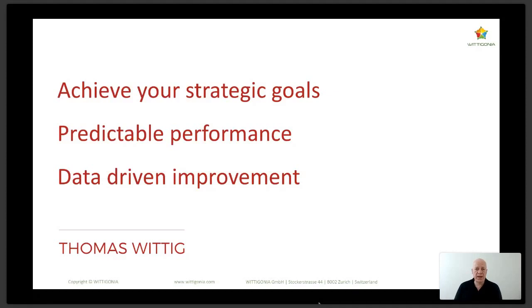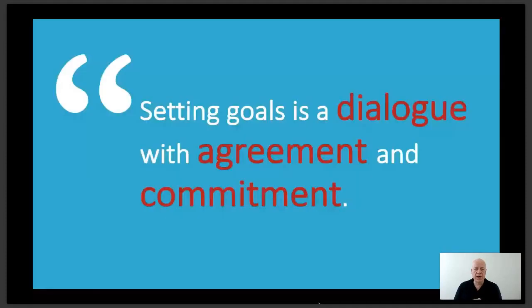So before I get started on this, while this gets a little bit into some technical topics about how to use your spreadsheet, etc., we shouldn't forget, and we should keep in mind, that setting goals is first and foremost a dialogue with an agreement and a commitment. That's the most important thing when we talk about goal setting, of course.